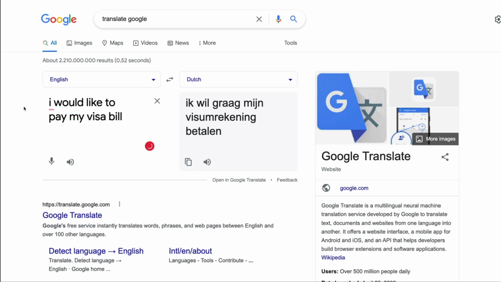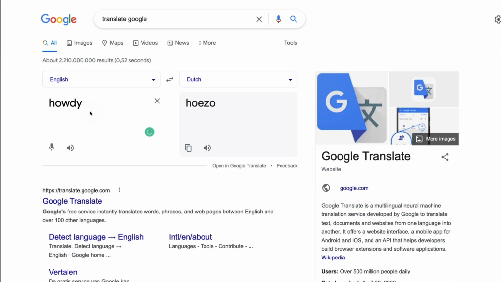Let's see what would happen if I would type howdy in here. This is a little bit awkward. Again, I want to fully acknowledge that howdy is not necessarily a common way to say hello, but it's translated into hoezo. And hoezo means why in most cases in Dutch. Let's try another one. Let's try yo.